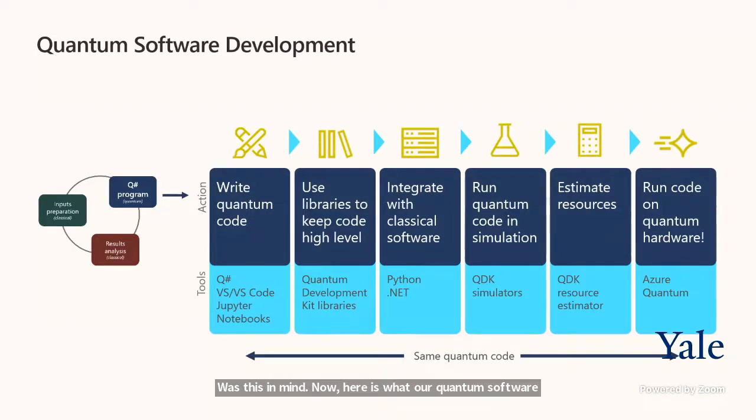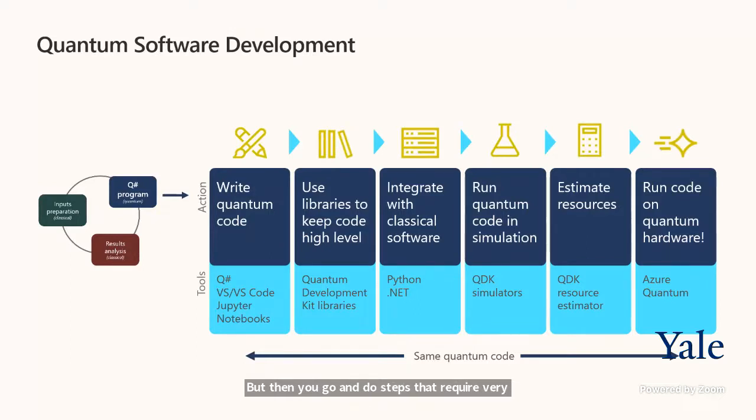We start with identifying the problem, figuring out the algorithm that is good for solving it, which is not actually on the slide because this happens on the whiteboard, pen and paper, without actual QDK support. But then you go and do steps that require various QDK components.